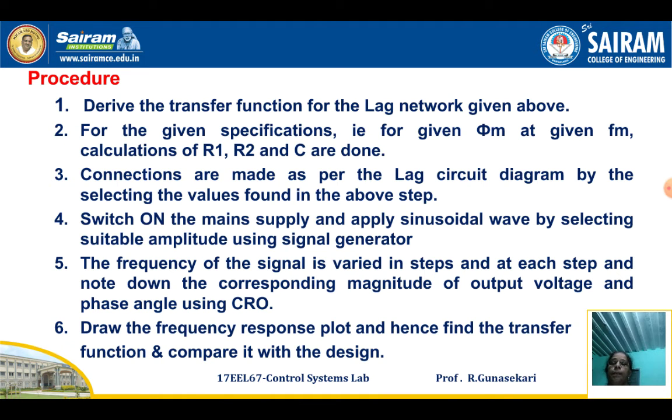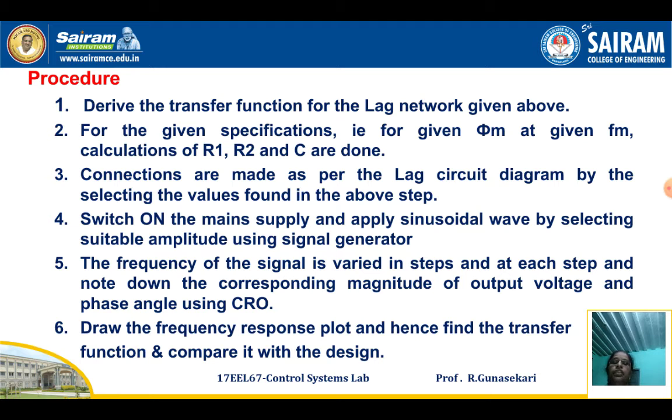Then procedure. First derive the transfer function of the RC lag compensating network. For the given specification, first we have to set phi m at a given maximum frequency fm, calculating R1, R2 and C. Connections are made as per the circuit diagram using the values found in the above step.